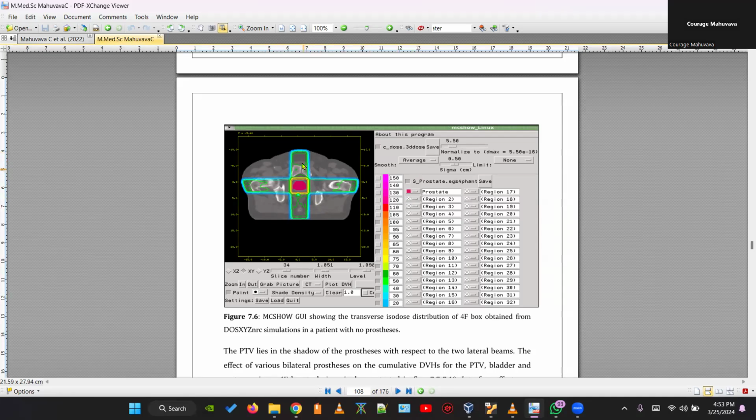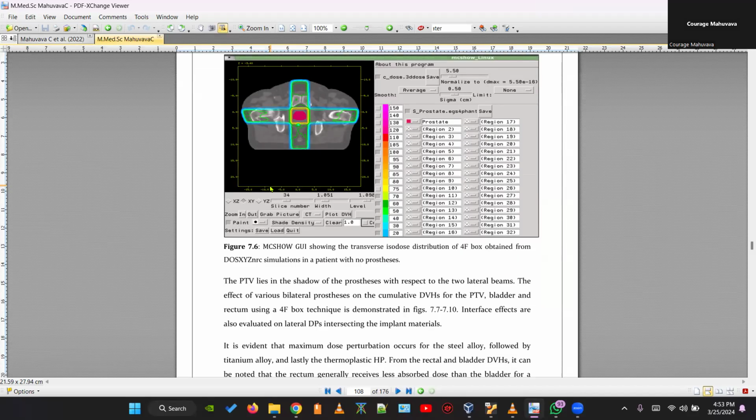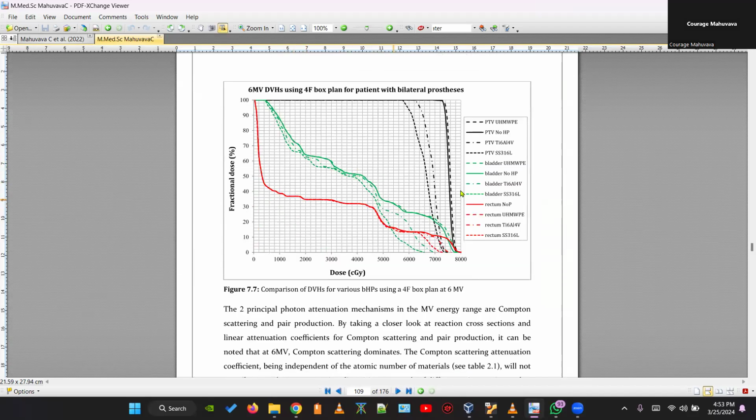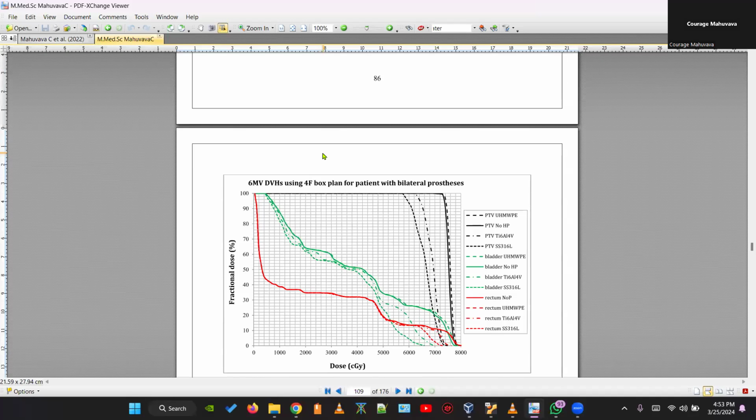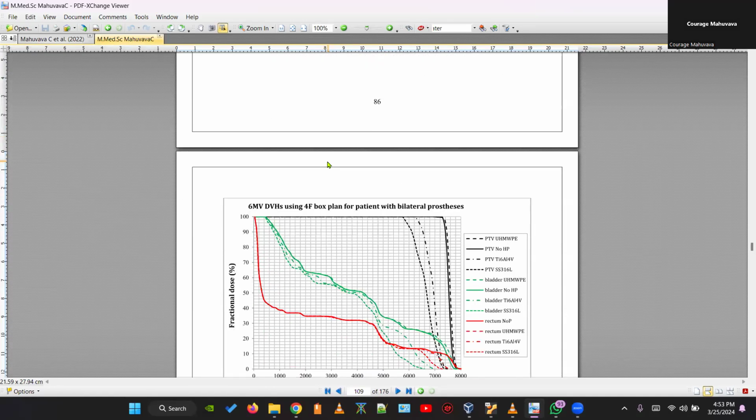All right, so this was for a prostate treatment. The prostate is shown in red, and we've got 4 beams, one from 0 gantry angle, 90, 180, and 270 gantry angle. All right. So once you do that, you can plot dose volume histograms for each and every delineated or contoured organ within that region.